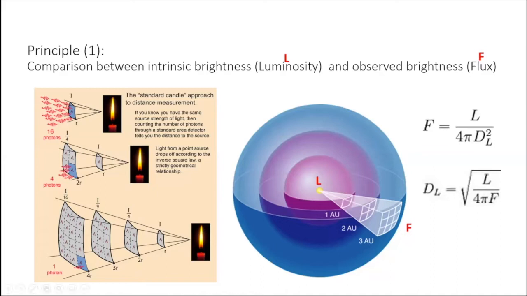If you know the distance and you measure the flux, you could calculate L. But the problem is you know neither dL nor L. So who would go to the galaxy and measure its luminosity at that location? So that's the problem. We have two unknowns in just one equation.